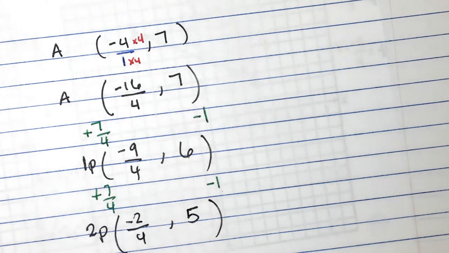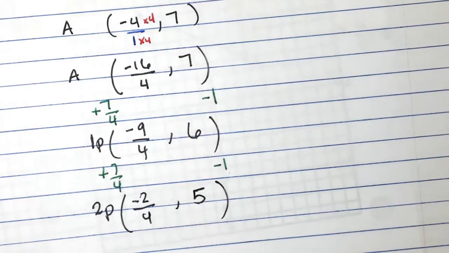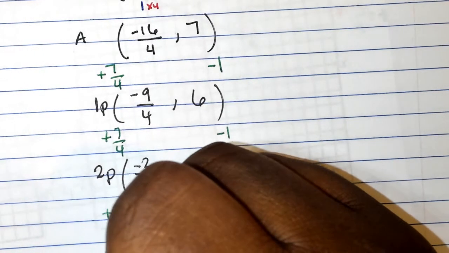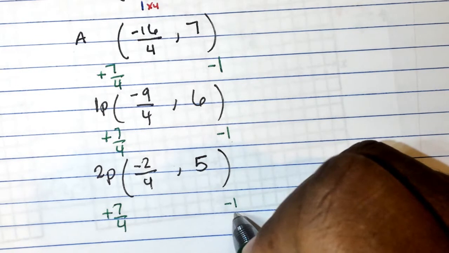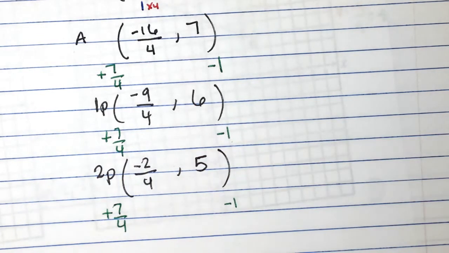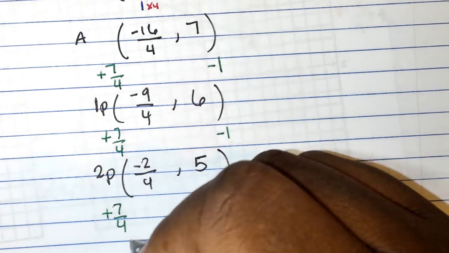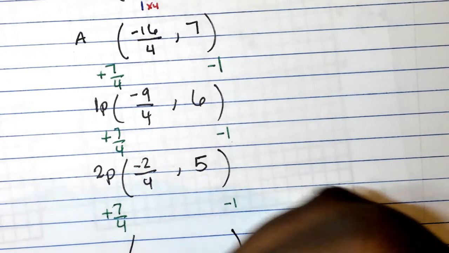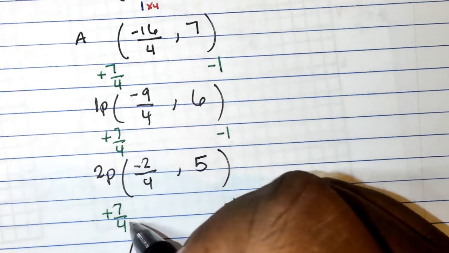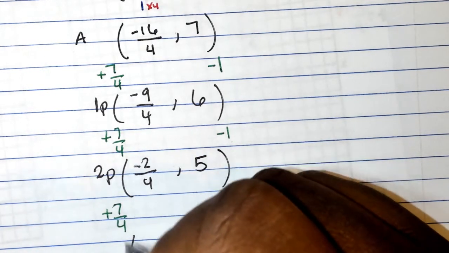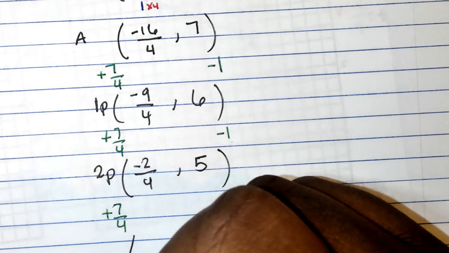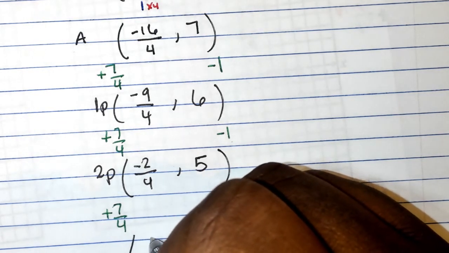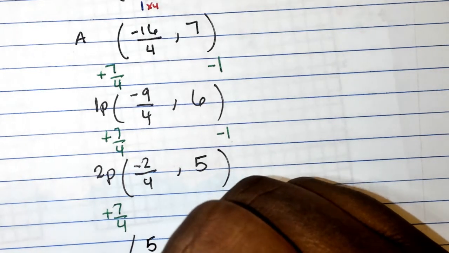And then got to do one more partition, which is plus 7 over 4 minus 1. And then that'll leave me at negative 2 plus 7, which will be positive 5, over 4.